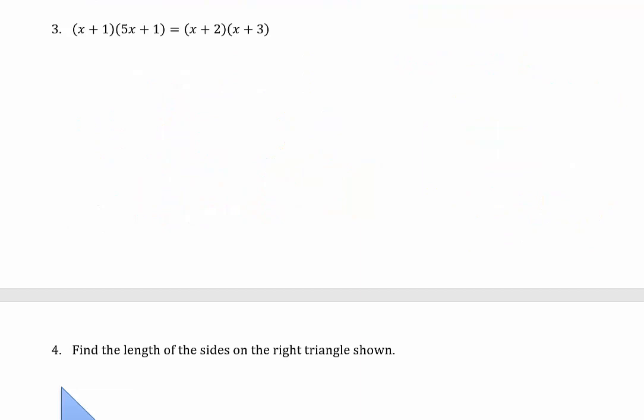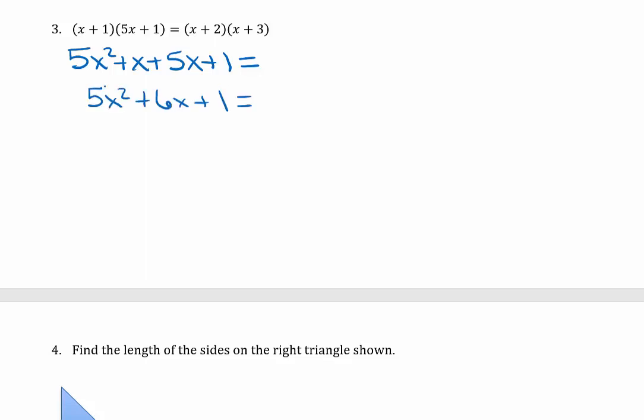Example 3. We still have to set one side to 0. But in this problem, before we can set one side to 0, we have to get rid of all these parentheses so we can start subtracting things. So I'm going to multiply or FOIL out both sides of this equation. On the left side, first is 5x squared, outer is 1x, inner is 5x, last is 1.